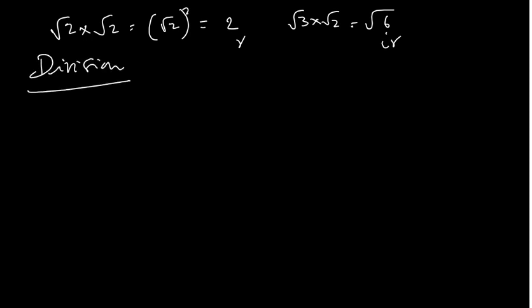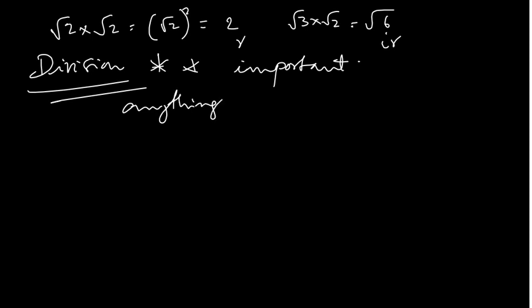So now the division is one of the important properties of irrational numbers. Very, very important. Before we go into this, anything you divide by 0, what do we say?